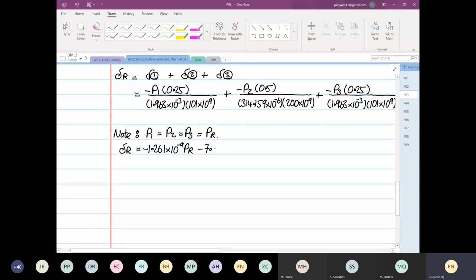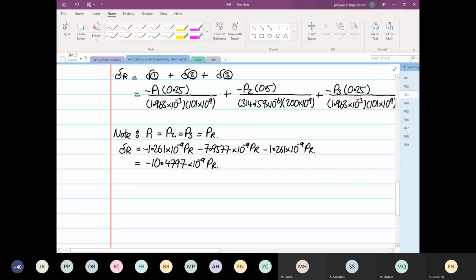So 7.9577 times 10 to the power minus 9 PR, and then same thing, minus 1.261 times 10 to the power minus 9 PR. Okay, so the redundant load is going to induce a minus 10.4797 times 10 to the power minus 9 PR.